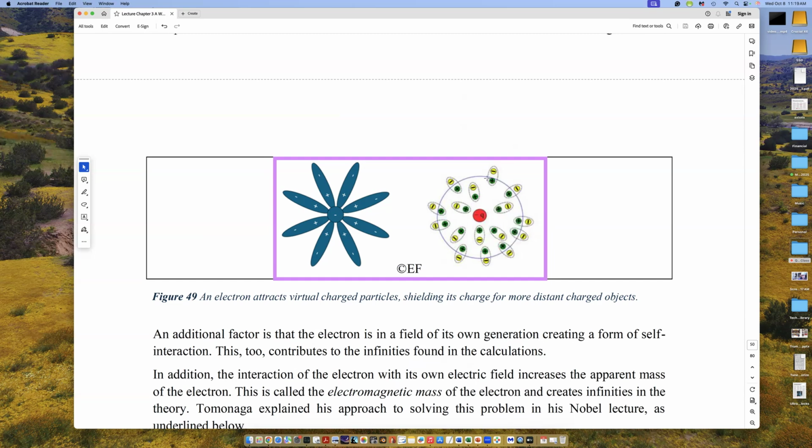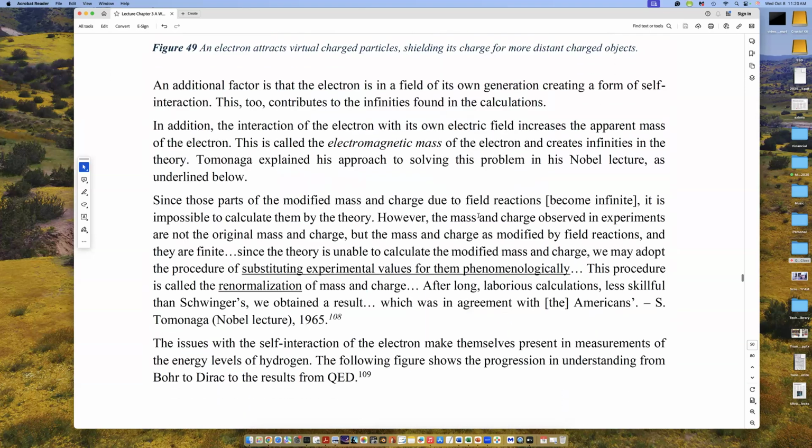And that leads to virtual particles around this area, all ending up in a weak cloud of what looks like a negative charged item. And this impacts the energy levels that are found when detailed experiments are made of electrons, because each electron is shrouded by virtual temporary particles that pop into existence and then disappear.